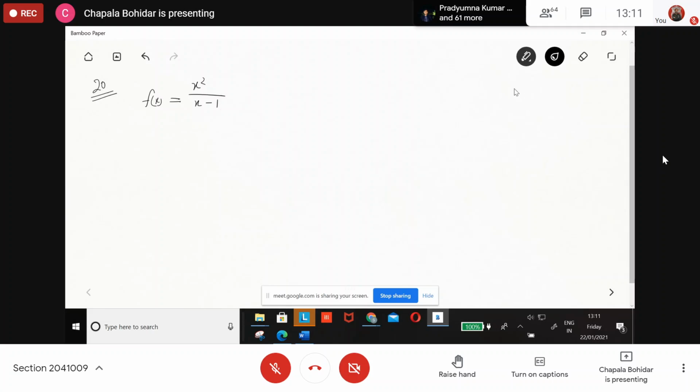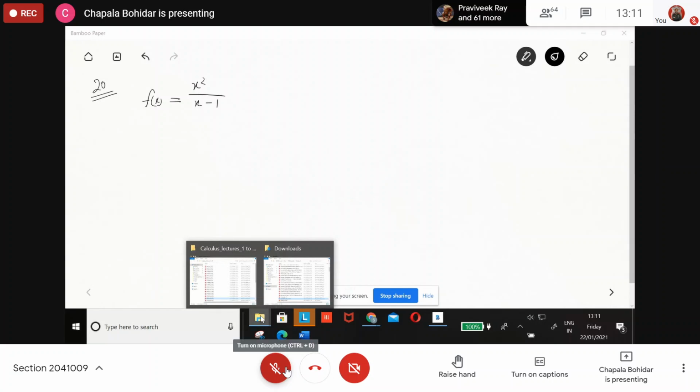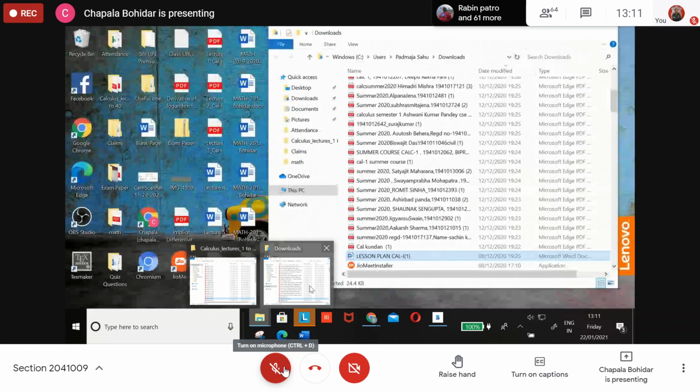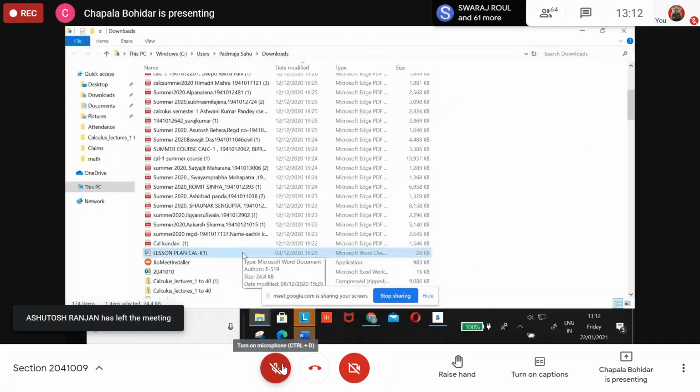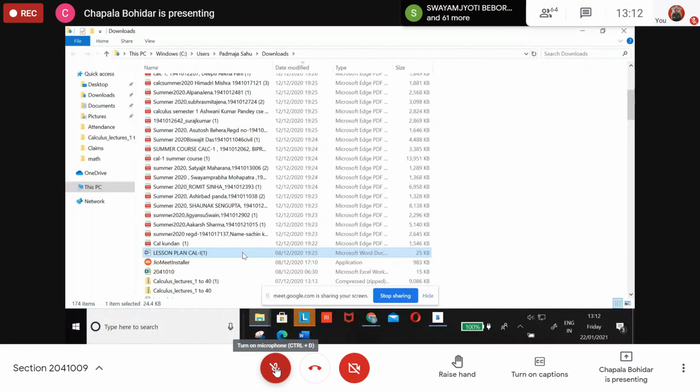If you want to take a picture of your lesson plan, you can take a photo, a photocopy or by mobile. It is not coming. What happened?